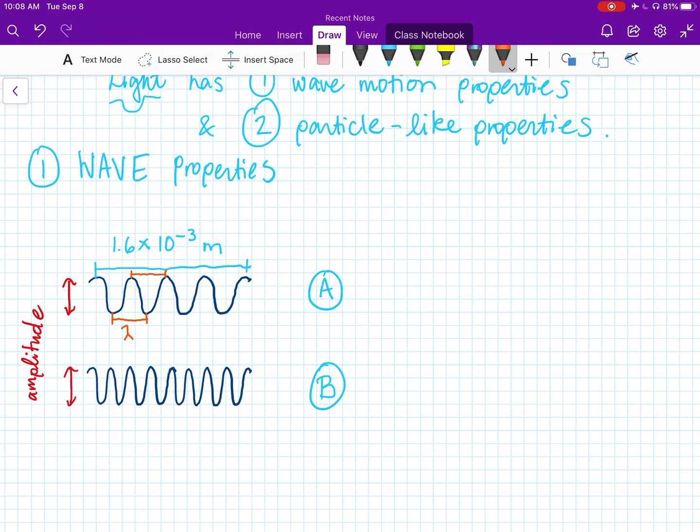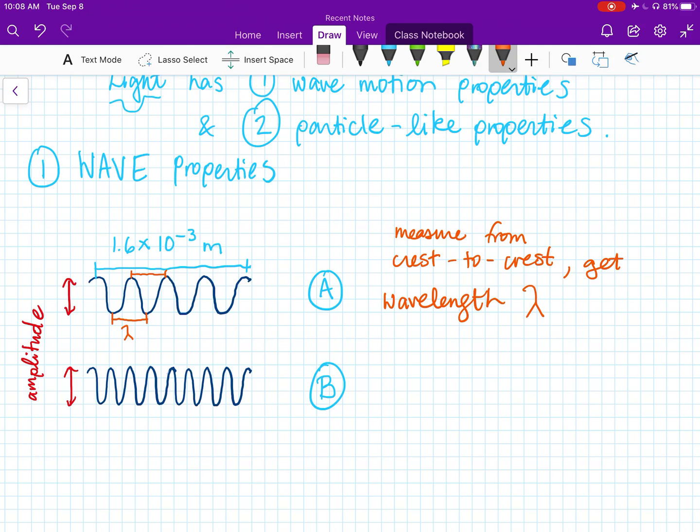So if you take a measurement from the crest to the crest or the trough to the trough, it doesn't matter, you get what's called a wavelength. And the wavelength is the same regardless of where you choose to measure it. We abbreviate wavelength with a lowercase Greek letter lambda.